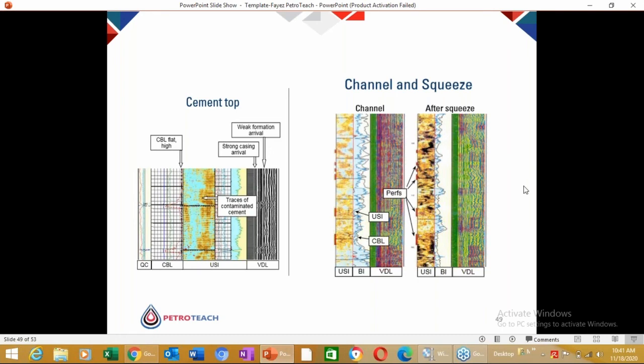It should be considered from the primary cement. Anyhow, the cement top here is clear. This is also bad because there is a channel in the cement. All these things should be considered before starting or perforating.